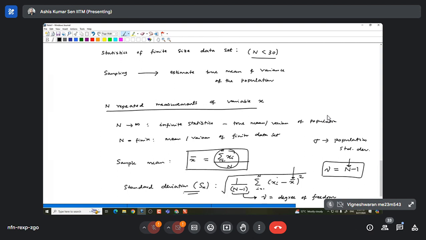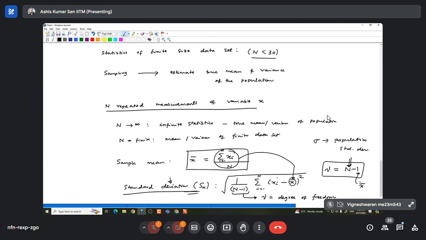That means the parameter that we estimate is standard deviation, the number of independent data points is n, but while estimating standard deviation, we are using one parameter, that is mean, which is estimated from the data set itself. So this minus 1 is basically for x mean.